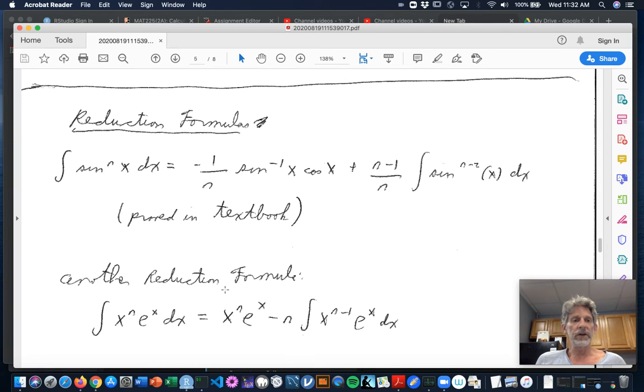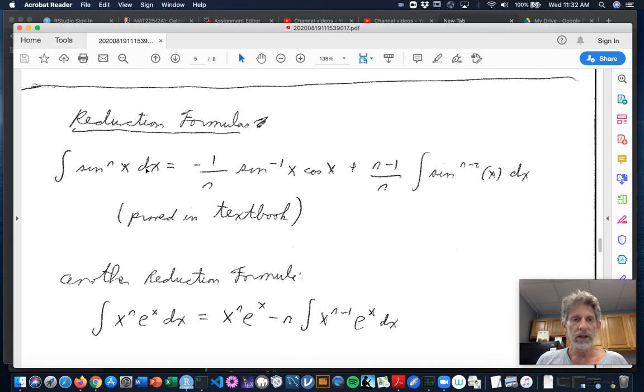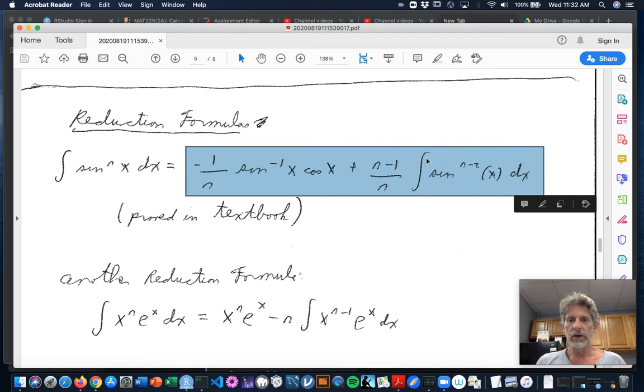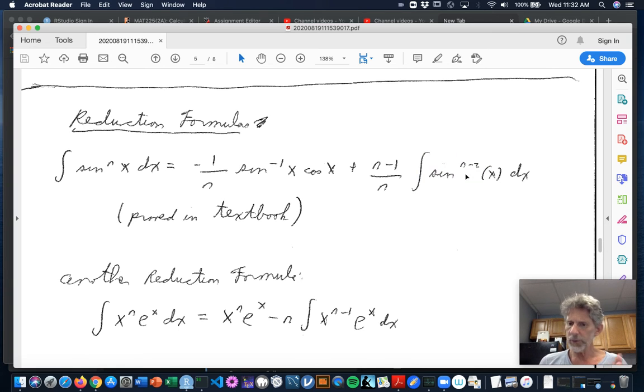One that they offer in the textbook is, what if you have to find the antiderivative of sine of x raised to the nth power, where n is some positive whole number. You could actually use integration by parts to express it like this, where your integral now involves sine to 2 less of a power. And that's proved in the textbook using integration by parts.